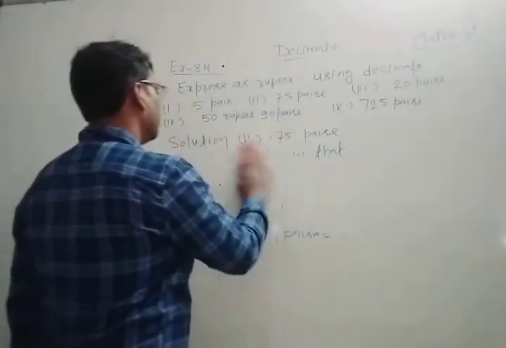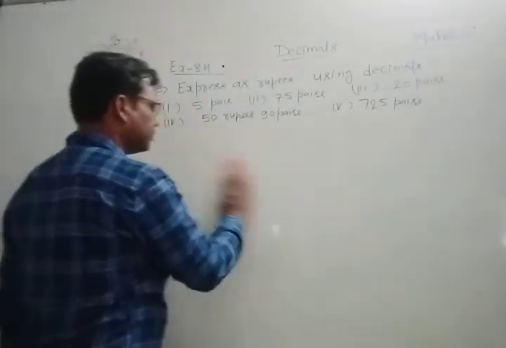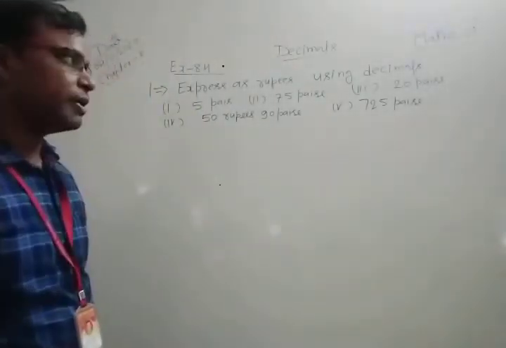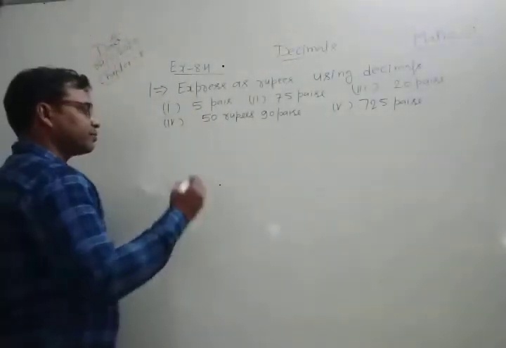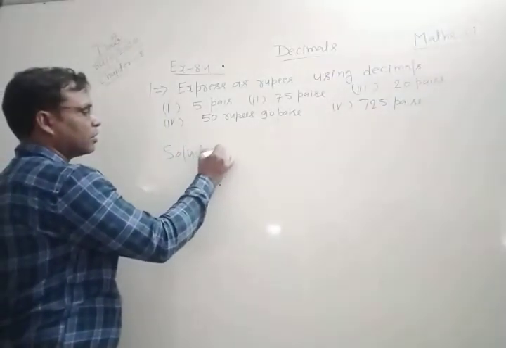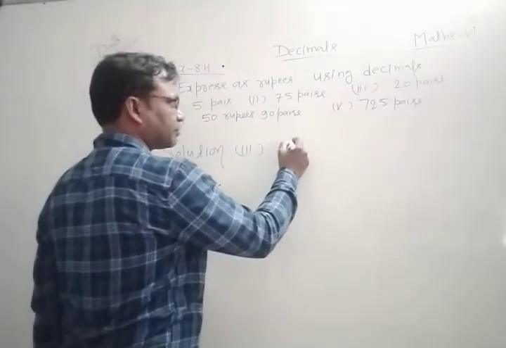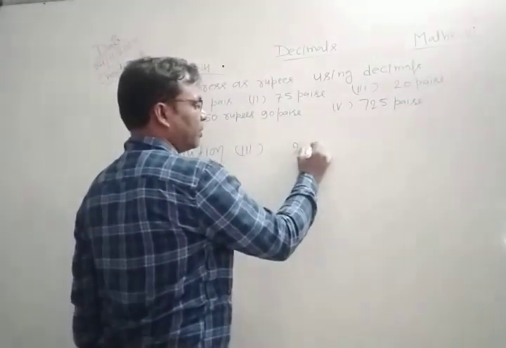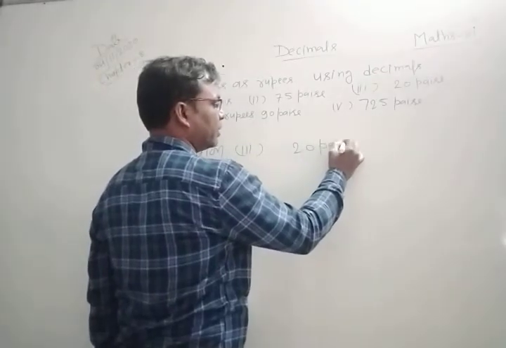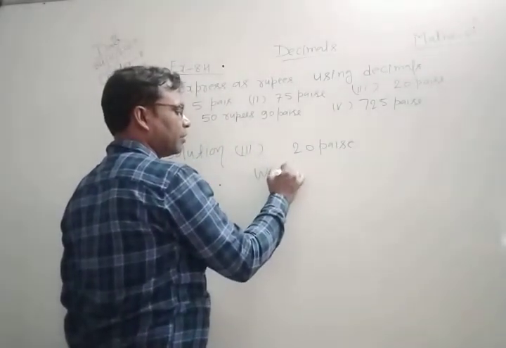Now the third part of this question is 20 paise. So again we write the solution of the third part. This is given 20 paise. We need to convert it into rupees.